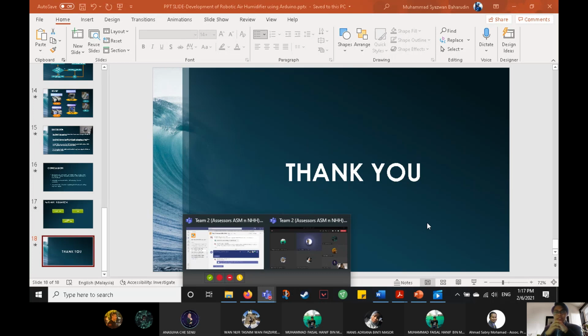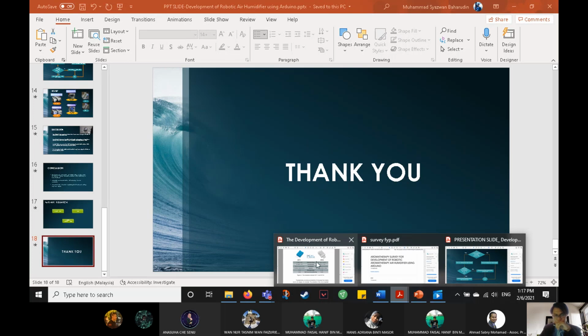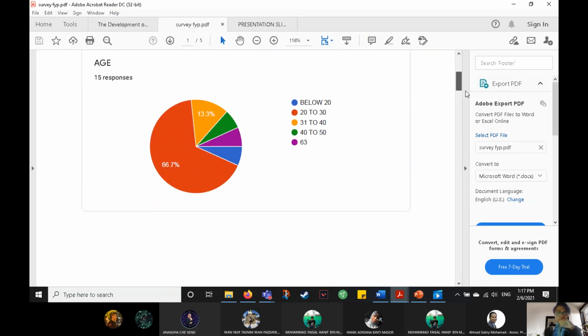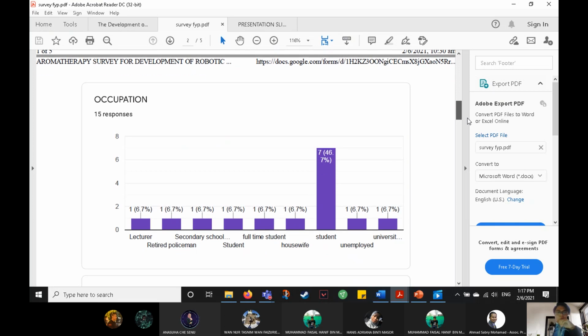So I did a survey of people. As I said earlier, my project has the aromatherapy feature, so the survey detects how they feel before they use the ultrasonic mist maker.